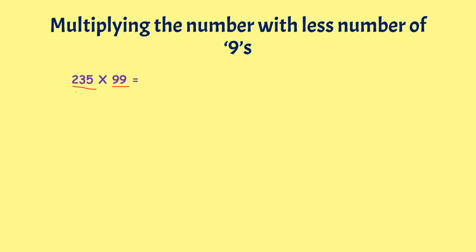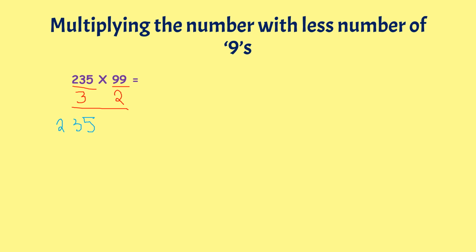How many digits are there in 235? 3 digits, and in 99, 2 digits. If this is the case, how do you arrive at the answer easily? First, the given number which you have to multiply is 235. I am going to separate this number with a colon.